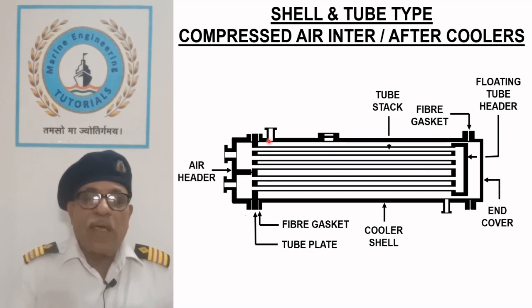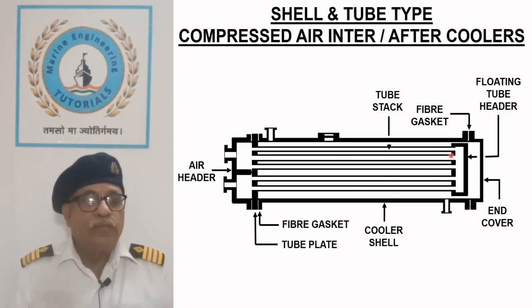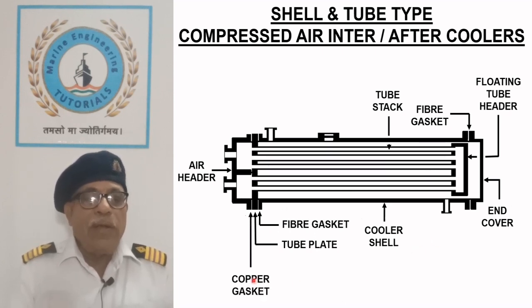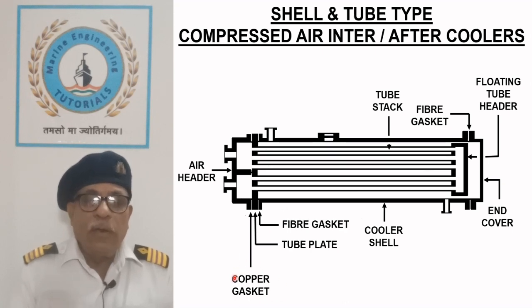Air header is attached to the tube plate and an end cover on the other side of the cooler end. Sealing between tube plate and air header is achieved by an annealed copper gasket.